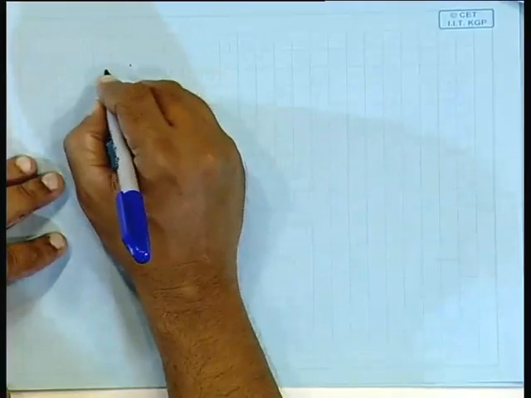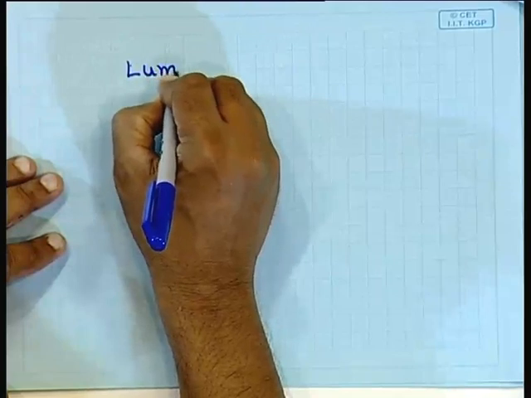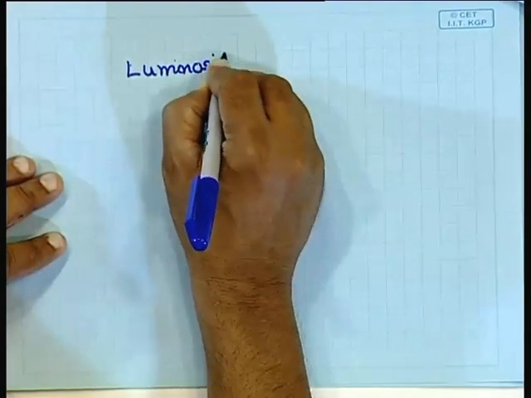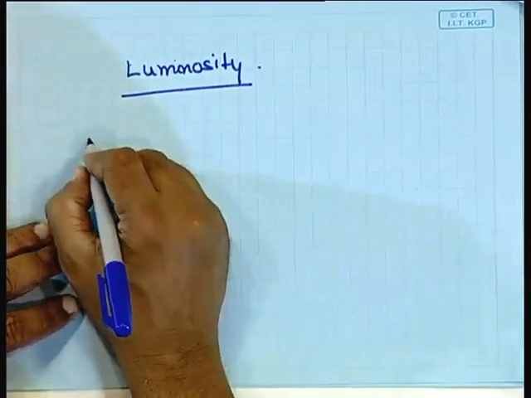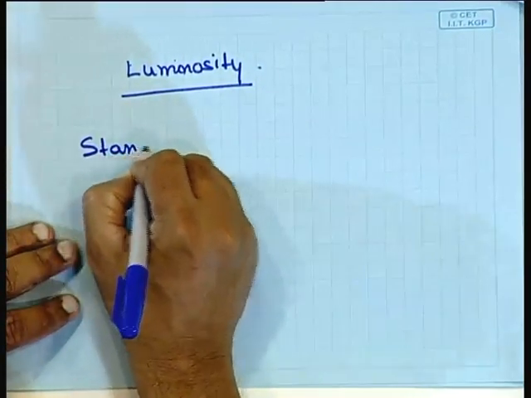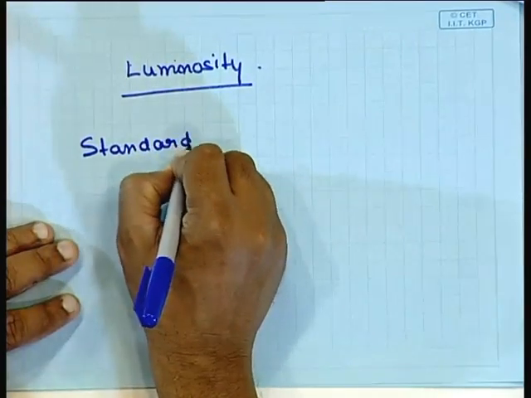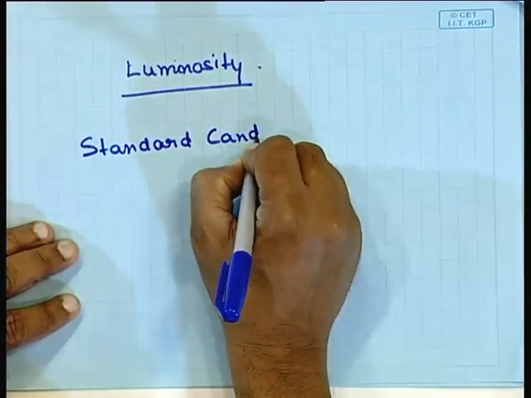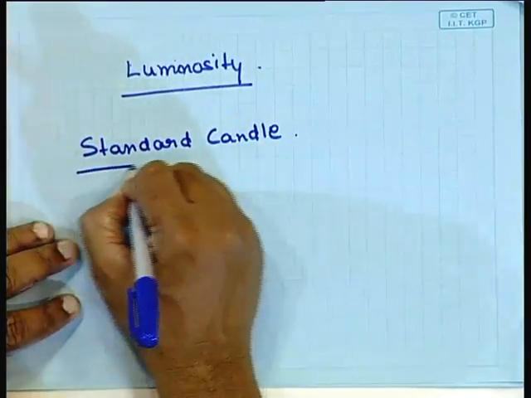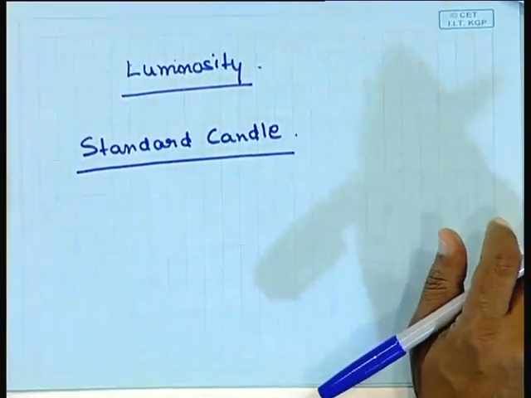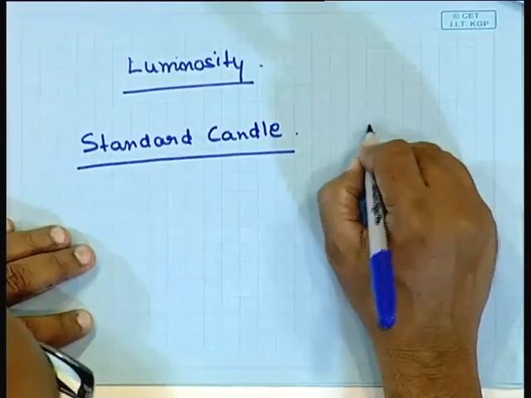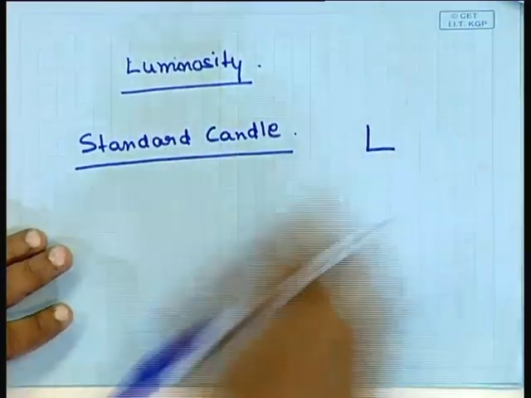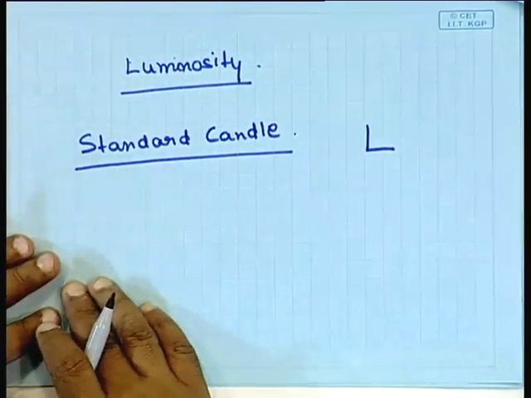Similarly, you could also do this using luminosity, with the luminosity distance. For this you need what is called a standard candle. If you can identify certain standard candles, these are astronomical objects whose luminosity, again L, a little confusing, is known a priori.